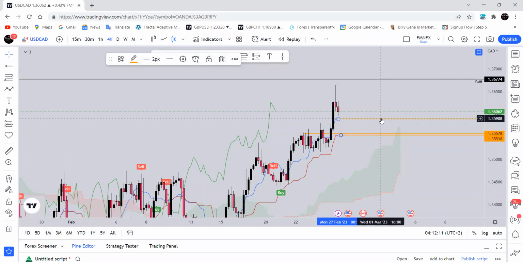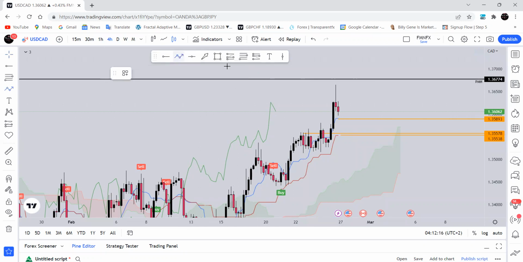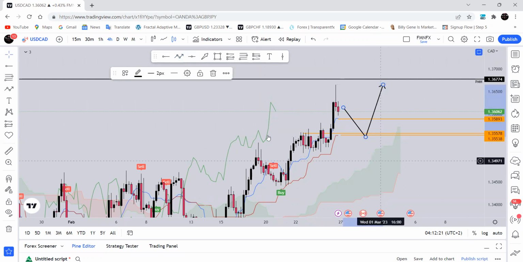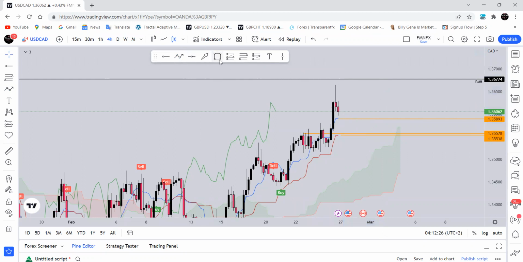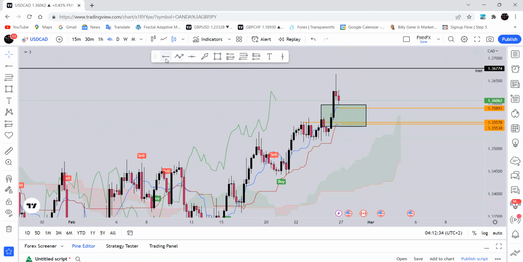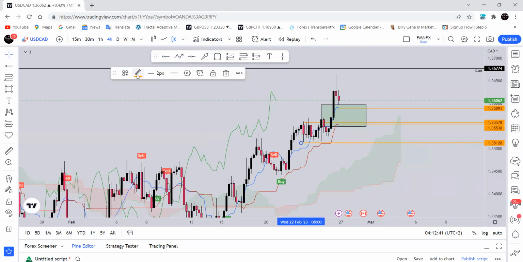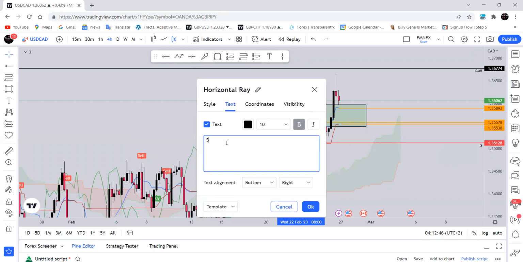Hope that makes sense. All right, so just looking for a pullback somewhere to take it on up. I'm going to do a box somewhere there, and then a little bit below, make it red, and then we call it stop loss.